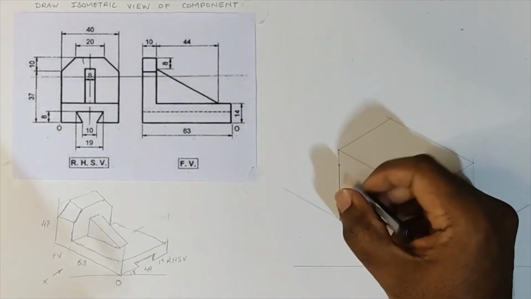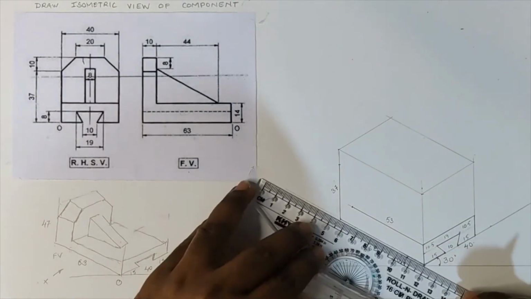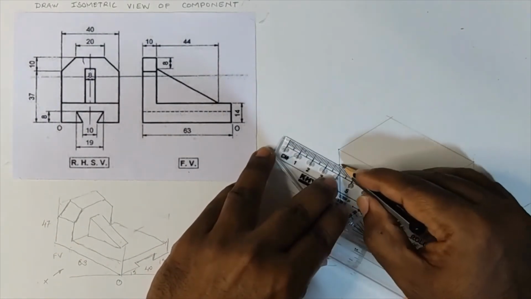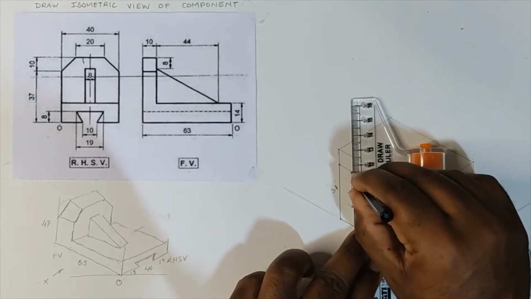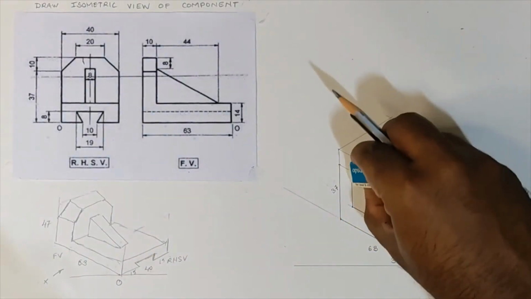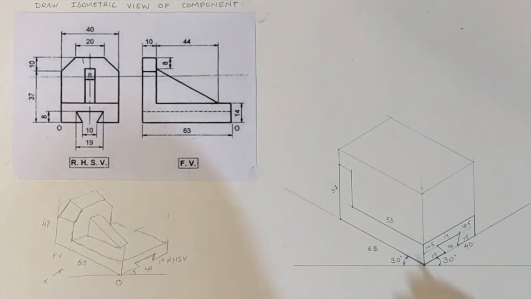So I am using the rough sketch as reference. So this is the 37 mm height I have taken, and using iso line I complete the L shape as shown. Now I have to find the inclined edges.